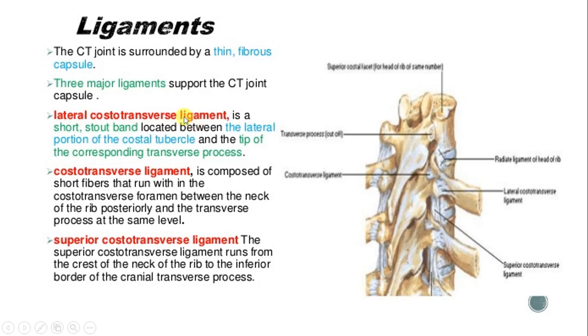The lateral one is located between the lateral portion of the costal tubercle and the tip of the corresponding transverse process of the vertebra, between the tubercle and the vertebra. The costotransverse ligament has short fibers within the costotransverse foramen, between the neck of the rib posteriorly and the transverse process of the same level.